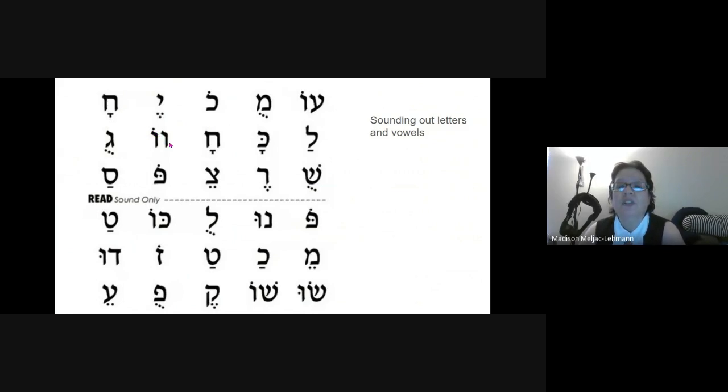It would mostly just be vo, because when the vav is doing its job as holding an O, it can't be its own sound. So it would have to be vo. So vav, when it is a vowel holder, it can't be a sound. It's one or the other for vav. So this is how it works in action. V for vav and O for the vowel holder, vo.